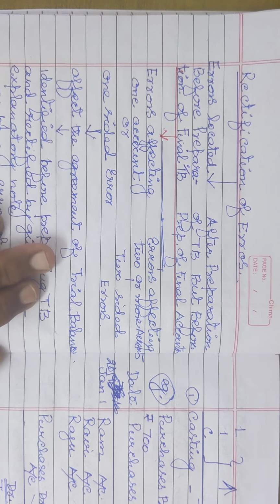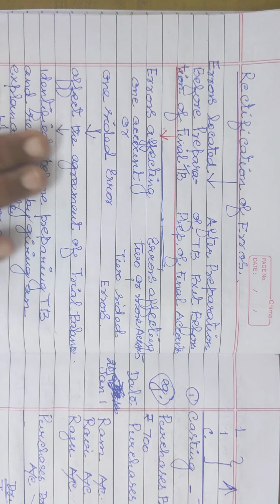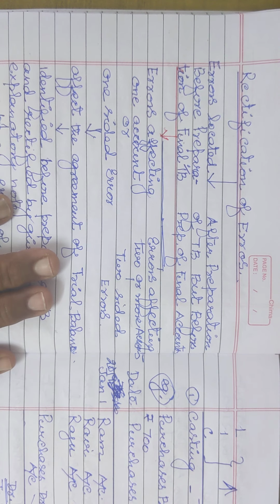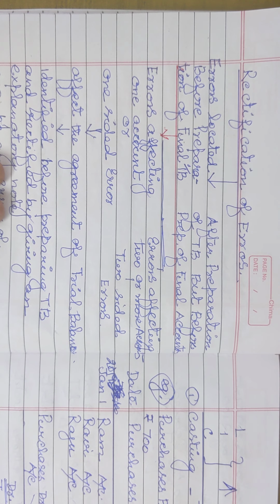This affects the agreement of trial balance. The errors which affect the agreement of trial balance. It means the trial balance total does not tally, the debit balance and the credit balance do not match each other. So that type of errors we are going to see.